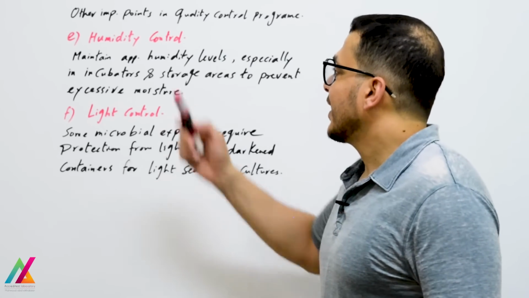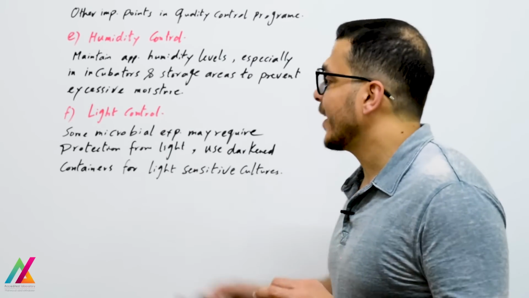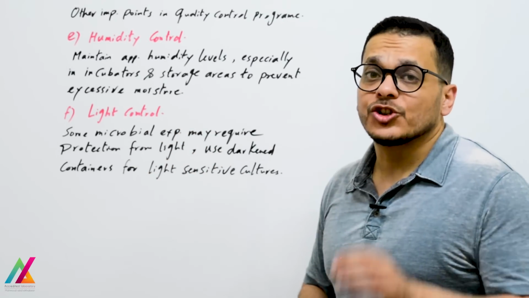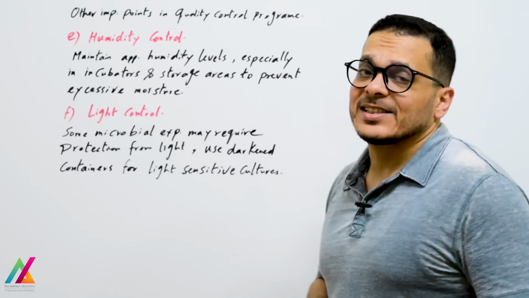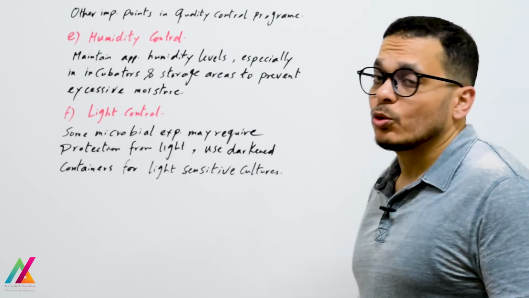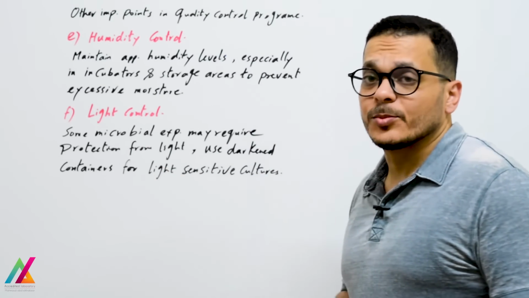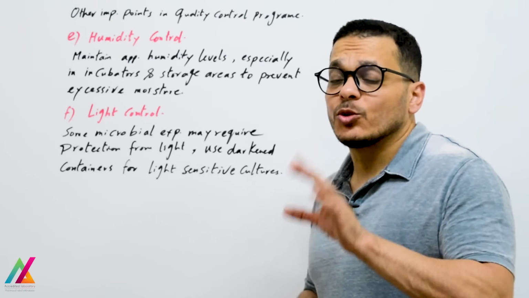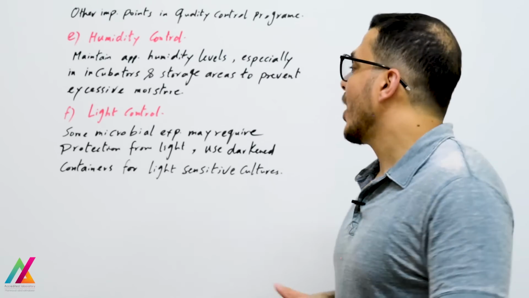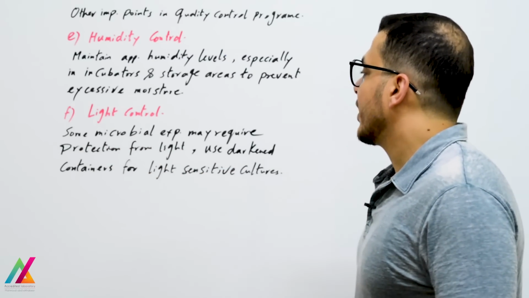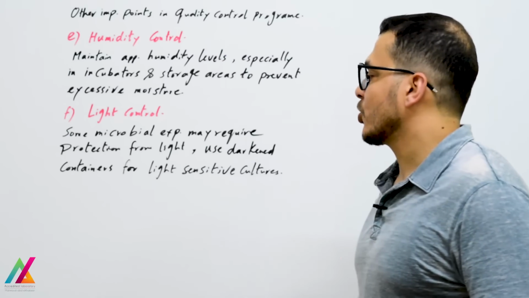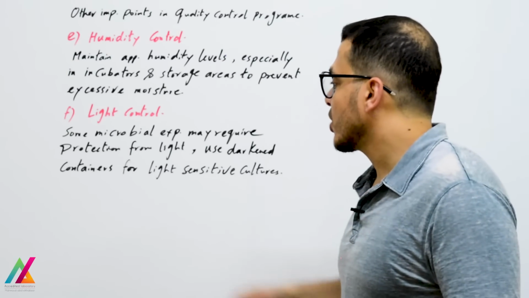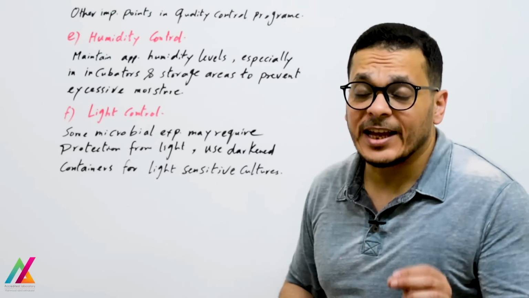Humidity control: maintain appropriate humidity levels, especially in incubators and storage areas, to prevent excessive moisture. And light control, also very important. Some microbial experiments shall be performed away from the light. So some microbial experiments may require protection from light. So use darkened containers for light sensitive cultures.